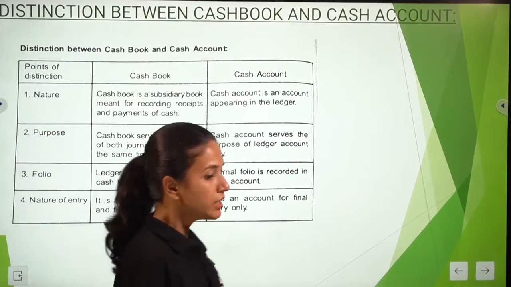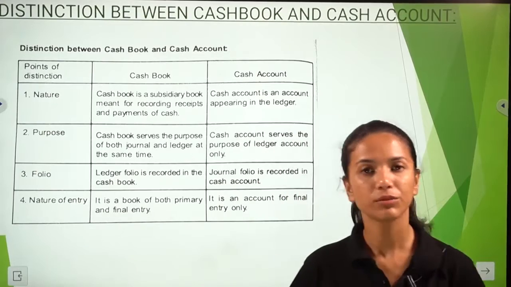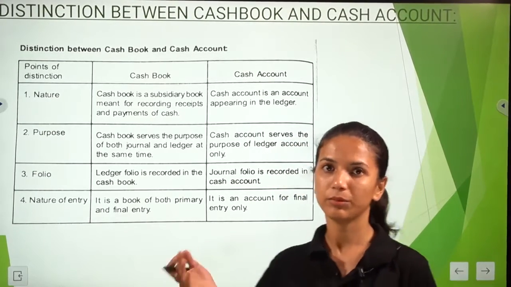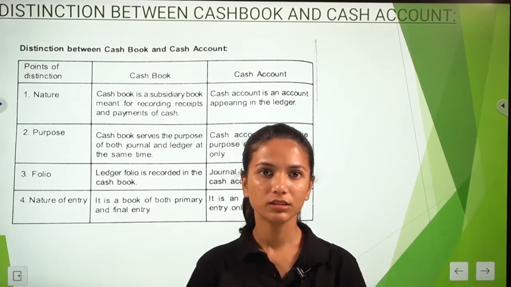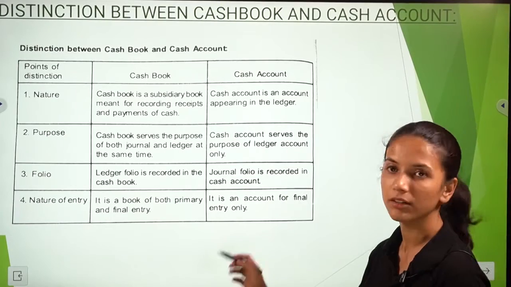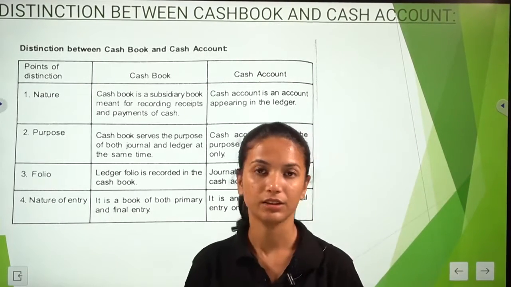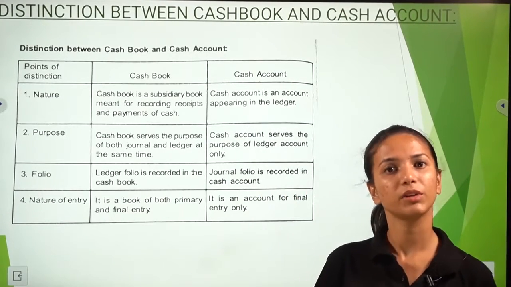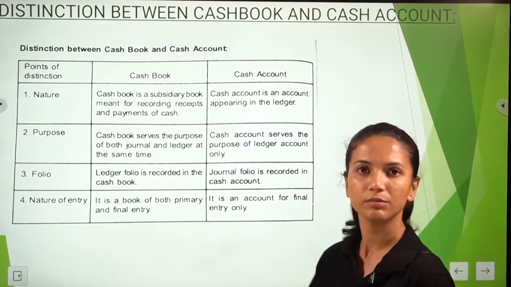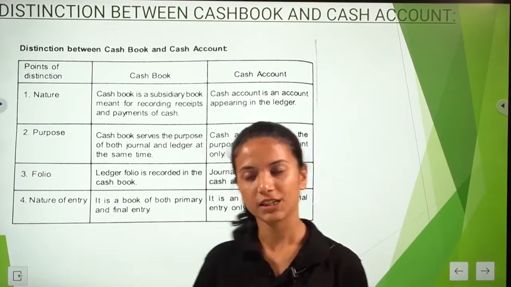Primary, because it can be recorded directly from the source document, and final, because after preparing this, no ledger account needs to be prepared for the cash balance. But the cash account is an account of final entry only. So these are a few points of difference between your cash book and cash account.